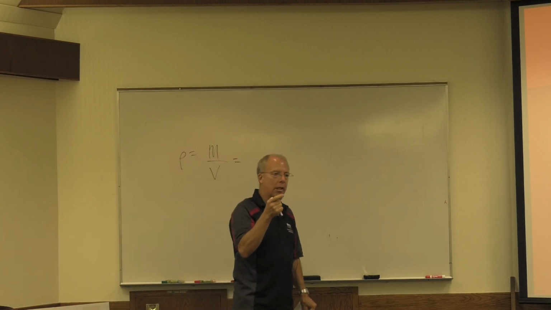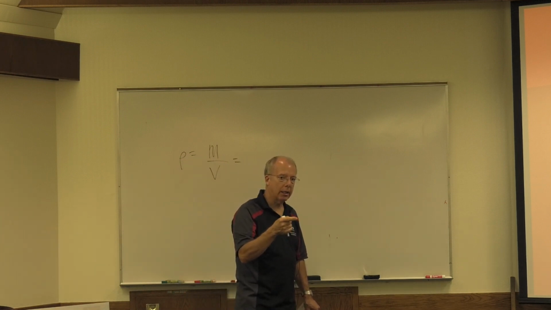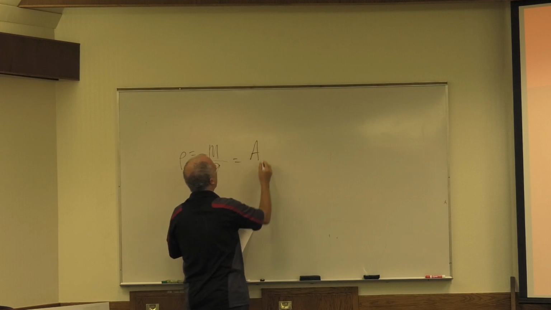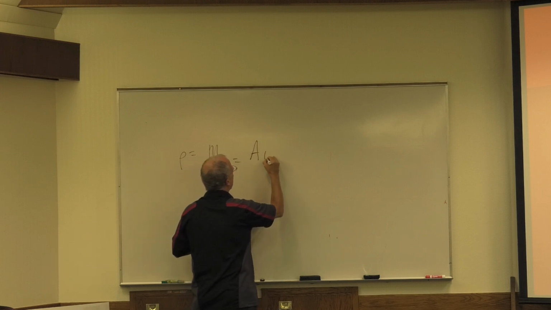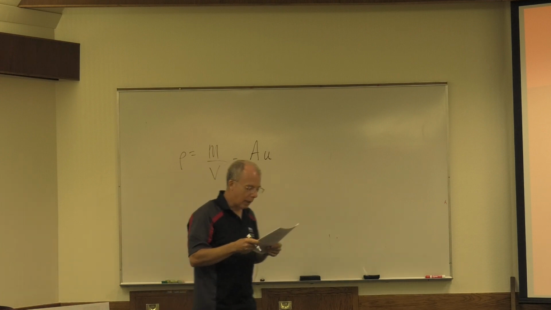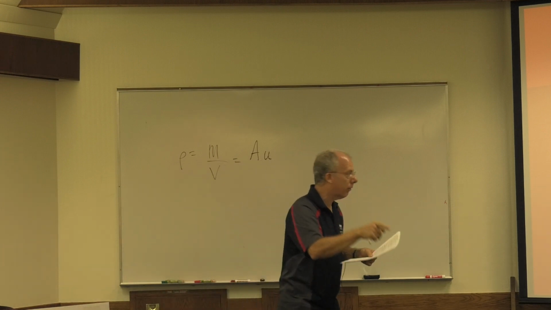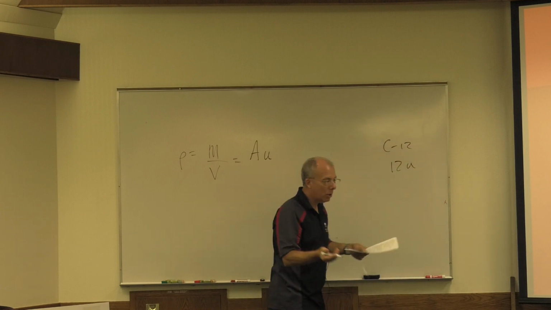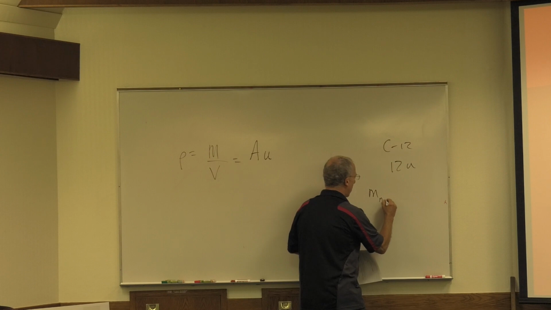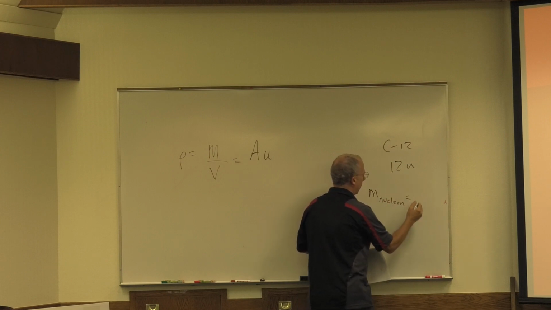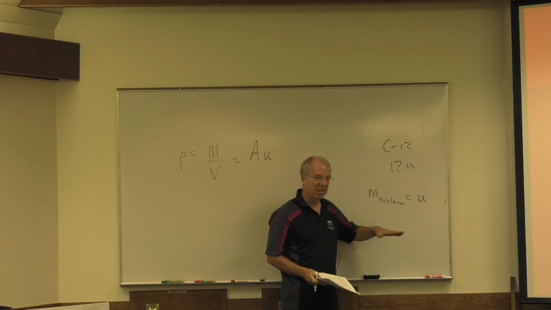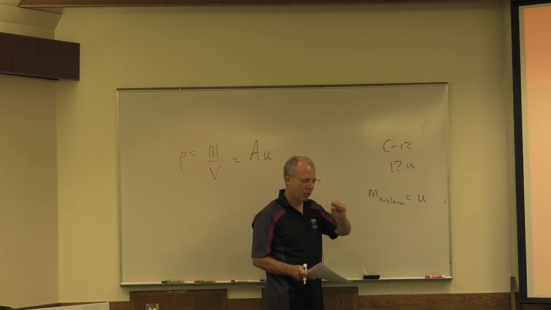It's the number of nucleons, which is A, times the mass of a nucleon, which is U. Remember, carbon-12 had a mass of 12 U. So we're saying the mass of a nucleon, which is a proton or a neutron, is U. Now that's actually incorrect, but it's close enough for right now.